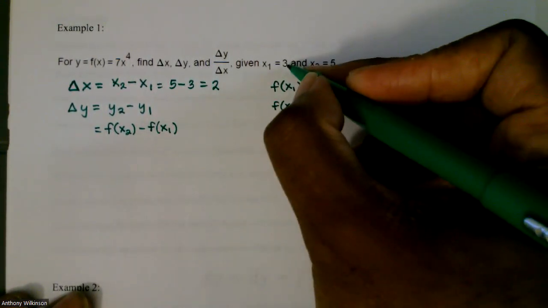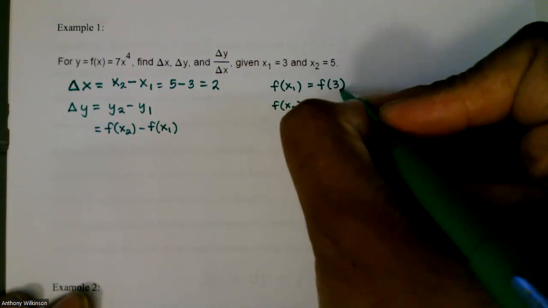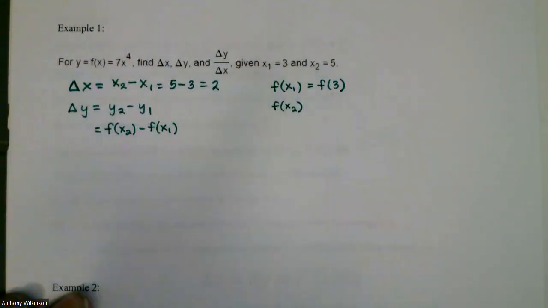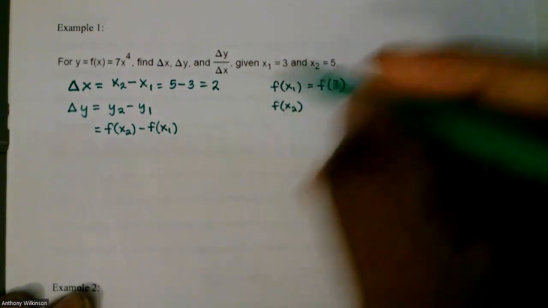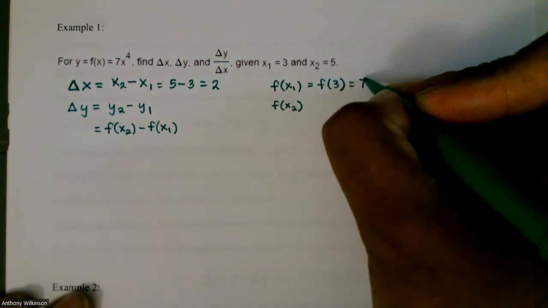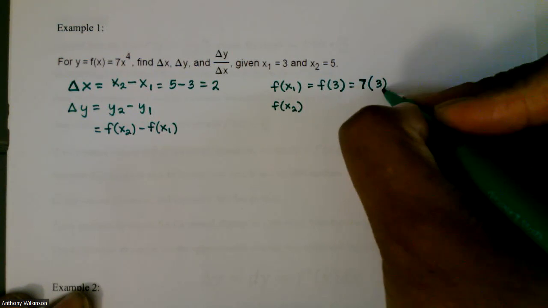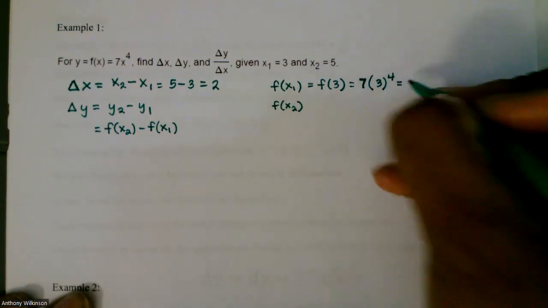Here x1 is 3, so we'll evaluate f of 3, and my f of x function is 7x to the fourth. So I'll just replace the x with 3, so it'll be 7 times 3 to the fourth.